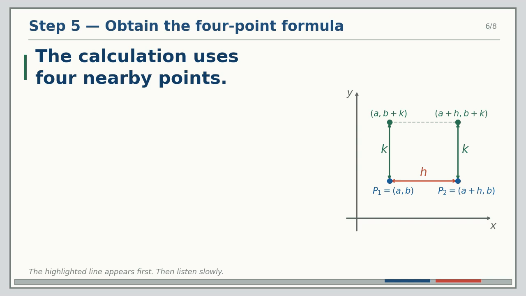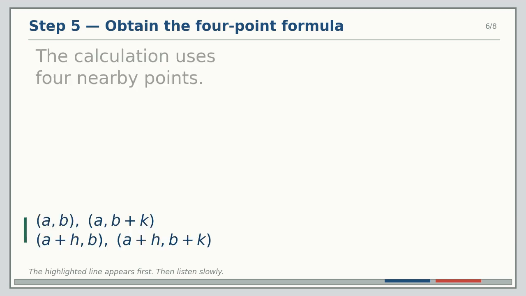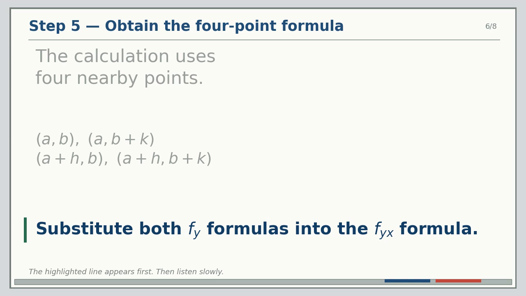Notice that the complete calculation uses 4 nearby points. They are (a, b), (a, b plus k), (a plus h, b), and (a plus h, b plus k). Now substitute both f sub y formulas into the formula for f sub yx.